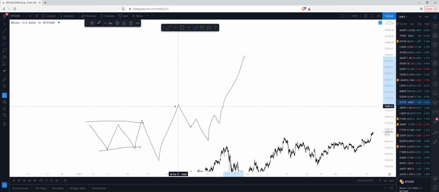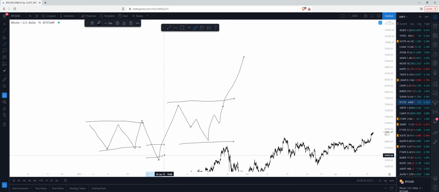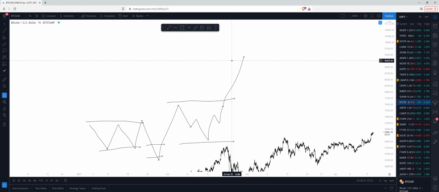Now I don't normally promote or tell anyone that they should try to get in at the reaccumulation or even at the manipulation. I suggest that you wait for the retrace and the confirmation of a trend. Now, what would that look like?